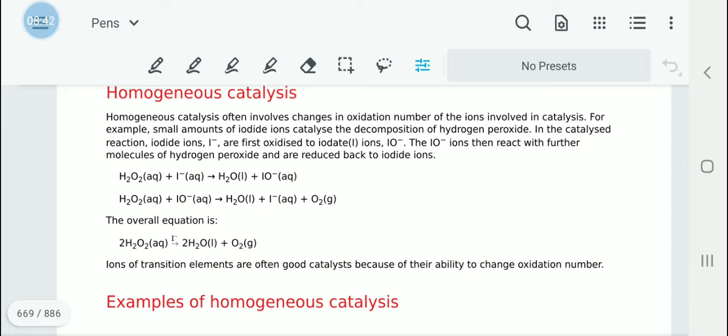It is not there as a constituent part of the chemical reaction because it remains the same.